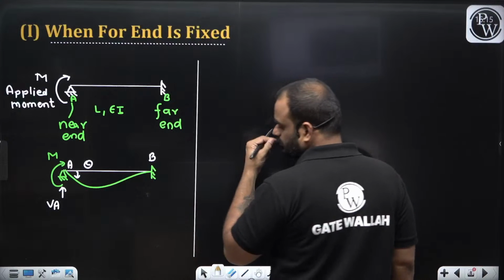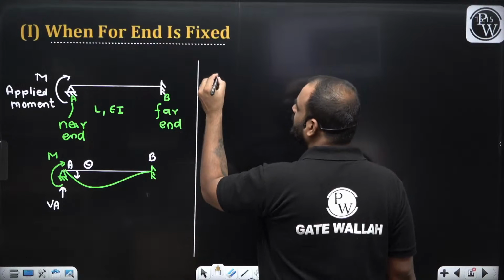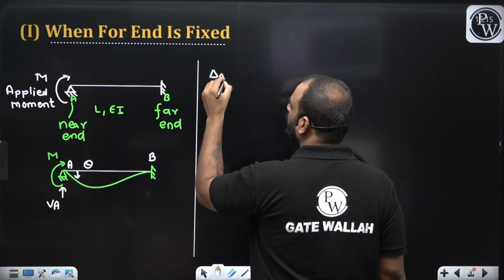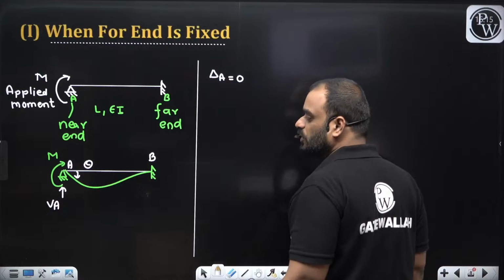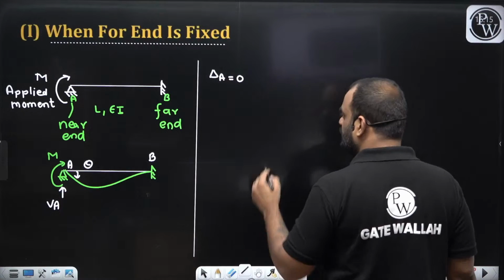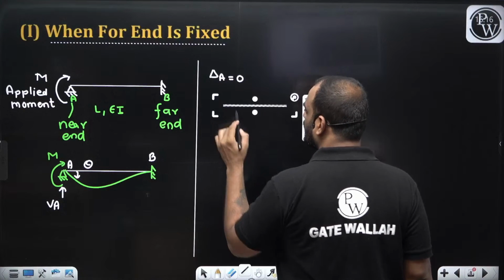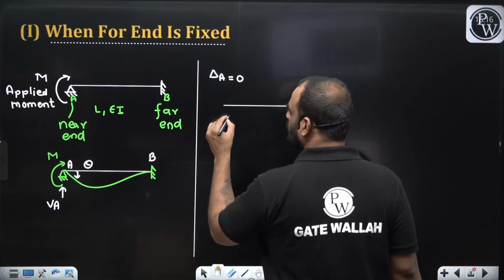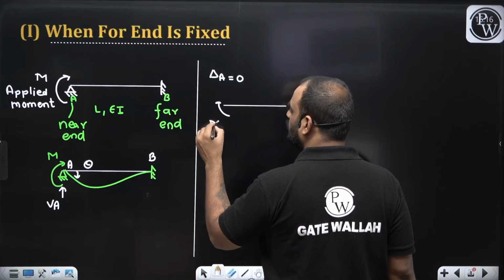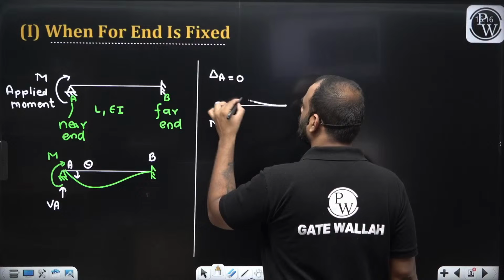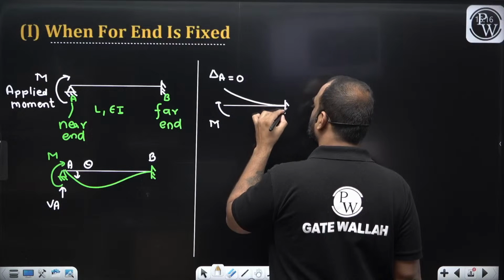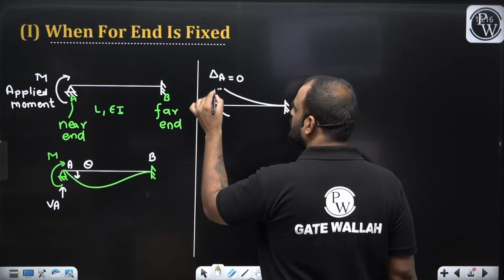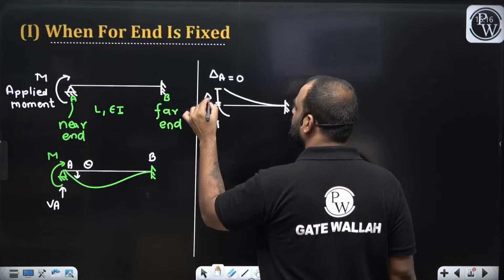So we know that the net displacement at A is equal to 0. Now there are two reasons by which displacement will occur at this particular joint. One is this moment M, due to which the beam is trying to deflect in this way, and this is our displacement, let us consider delta 1.